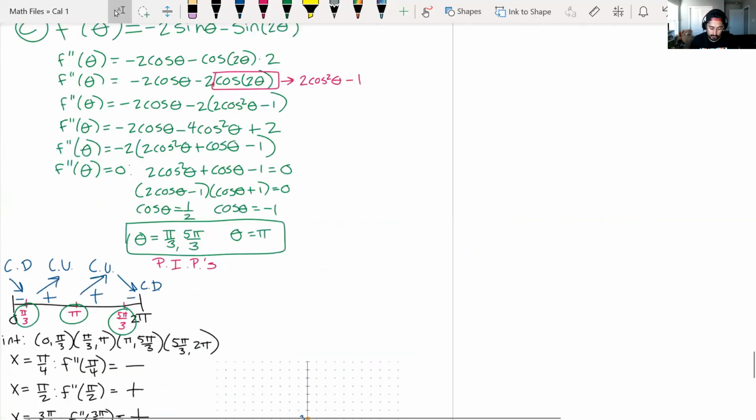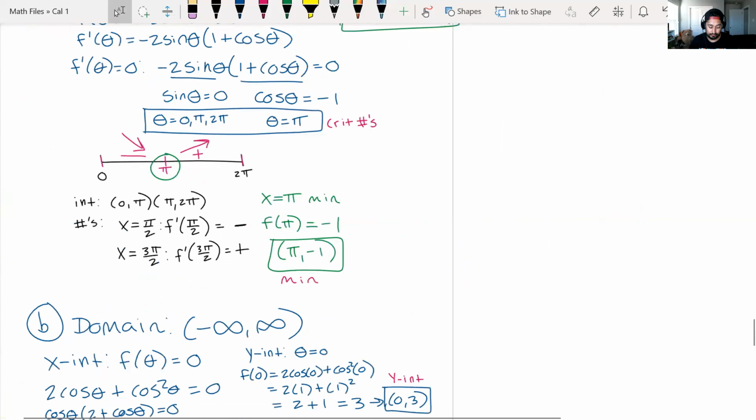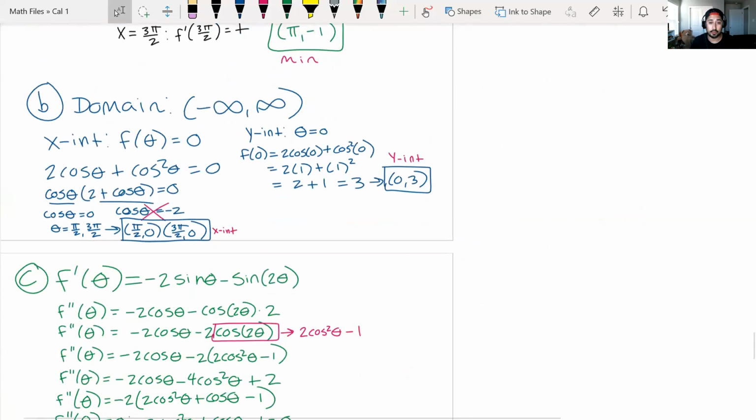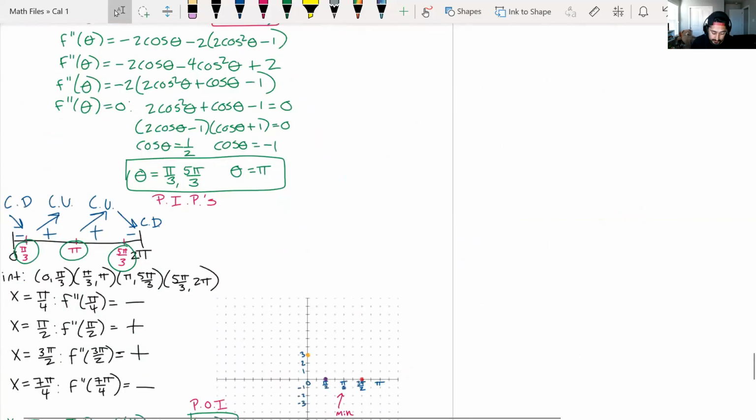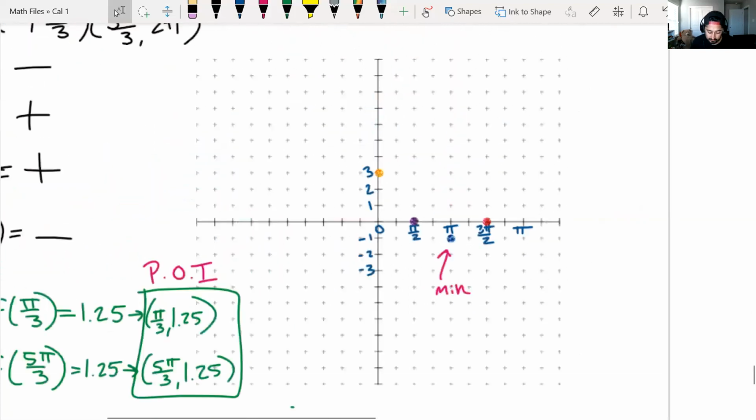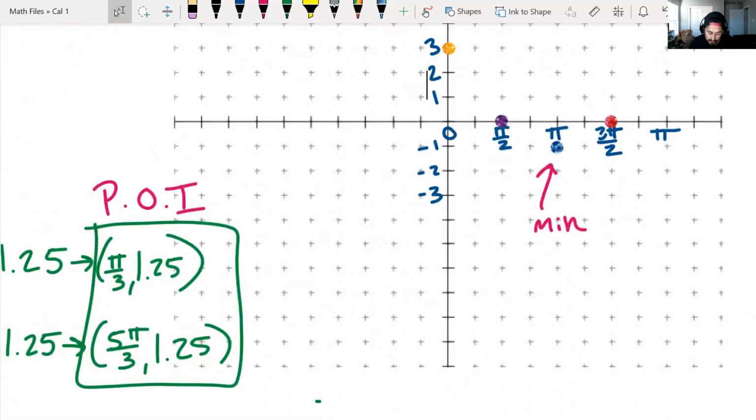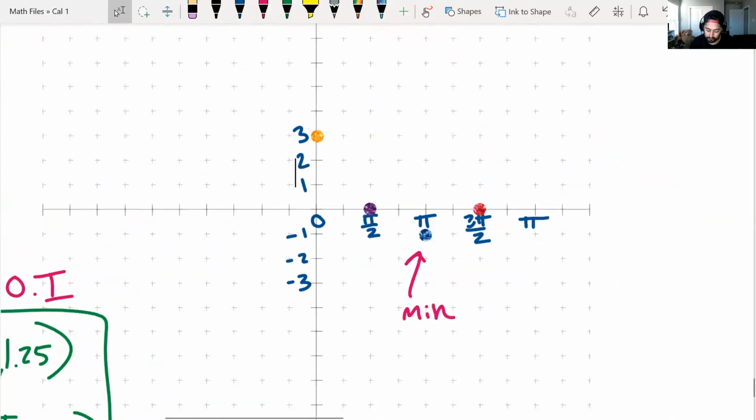All right, so we have plotted the minimum. We've plotted the X-intercepts and the Y-intercept. Now all we have to do is plot my points of inflection, which were pi over 3 and 1.25.